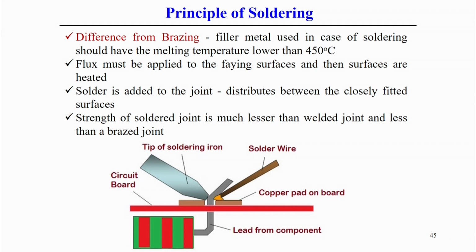The lead from the component, a solder wire, and a copper pad on the circuit board are used, with electrical heating at the tip of the soldering iron, whose purpose is to melt the solder wire, which becomes part of the joint between the workpiece materials. Practically, we see in electrical circuit boards a huge application of the soldering process, where electrical connectivity may be the main important factor, but mechanical strength may not be significant.